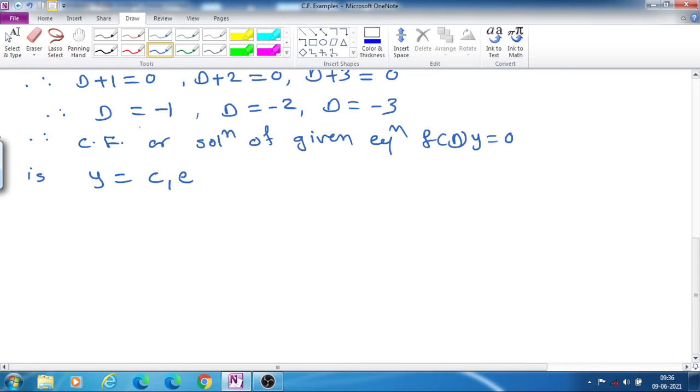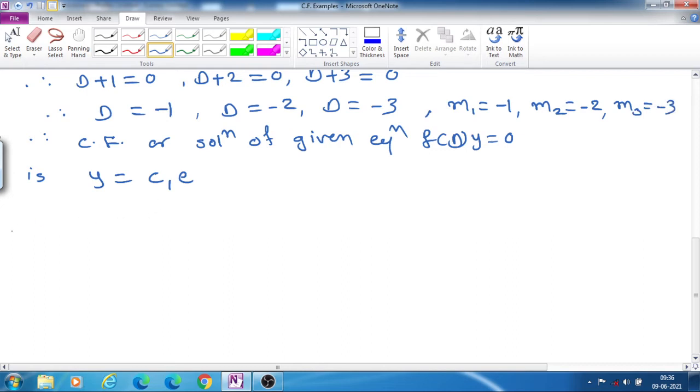This is m1, m2 and m3. This m1 is equal to -1, m2 is equal to -2, and m3 is equal to -3.